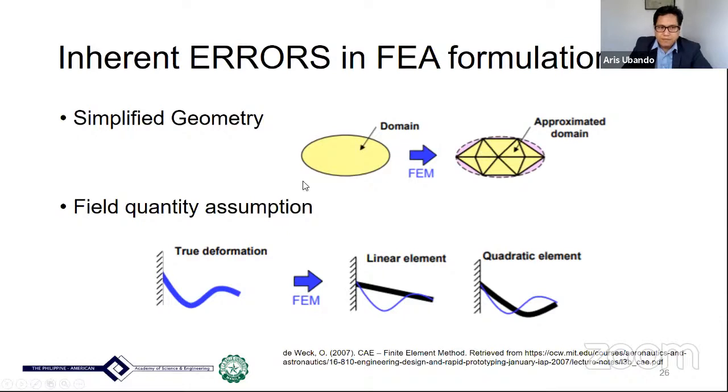In terms of the field quantity assumptions, if we try to quantify a true deformation, we would get some erroneous data. Say, for example, here, if we apply a linear element, you would see the differences. Also, if we apply a quadratic element, there are some differences in the data.